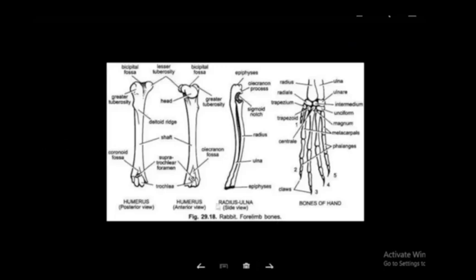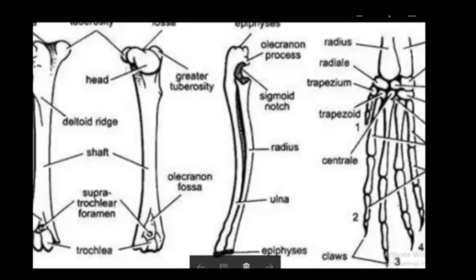I'll show us a full animal of it now. So we have the forelimb, the humerus bone, the posterior view, and the anterior view. Underneath here, at the joint where we have the elbow, this is the lower part of the bone. This is the upper part that fits into the glenoid cavity in the shoulder. It articulates with the scapula.